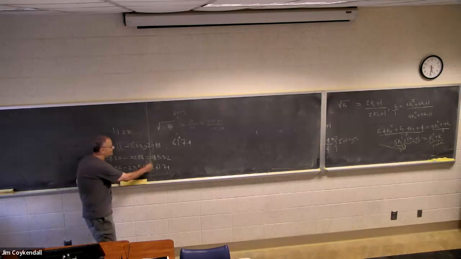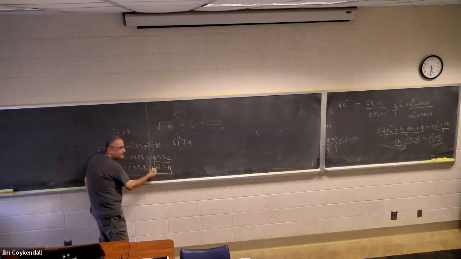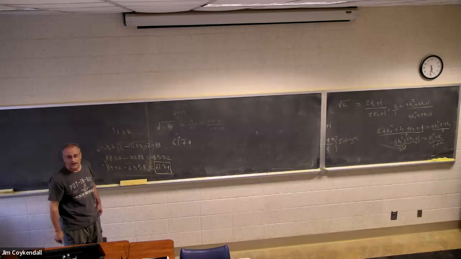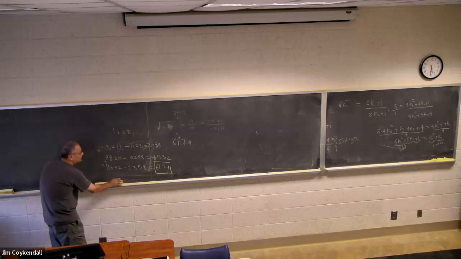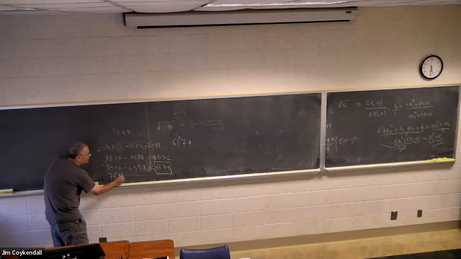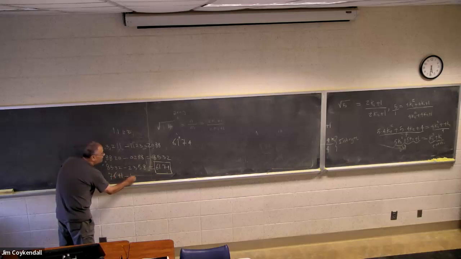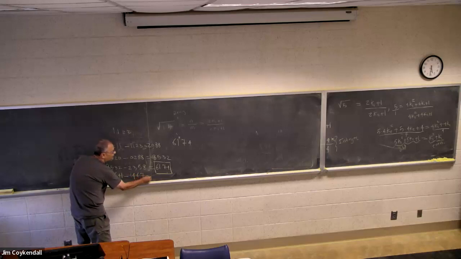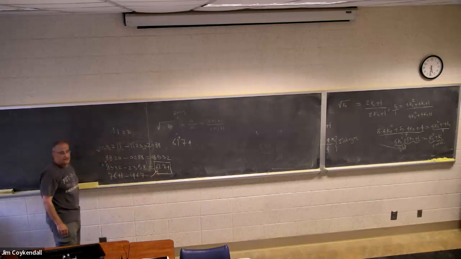You stop here, because if you continue, you're not going to get anything new. Look, you do 7, 6, 4, 1 minus 1, 4, 6, 7. And that will give you this, isn't it?